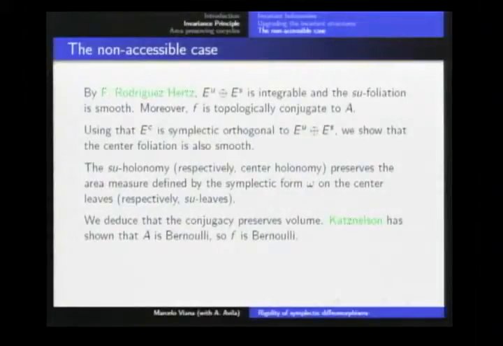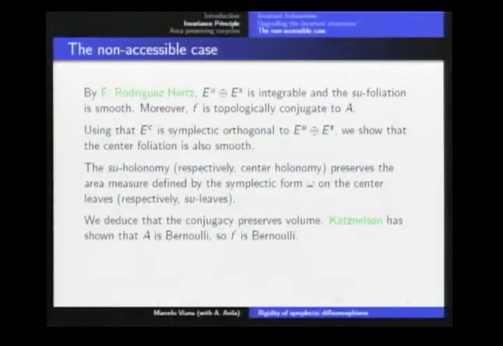Another thing we show is that the holonomies, because of the way these things were constructed, the SU holonomy, this is another lemma, preserves the area defined by the symplectic form on the center leaves and vice versa. So I have these two symplectic orthogonals, the SU direction and the C direction.